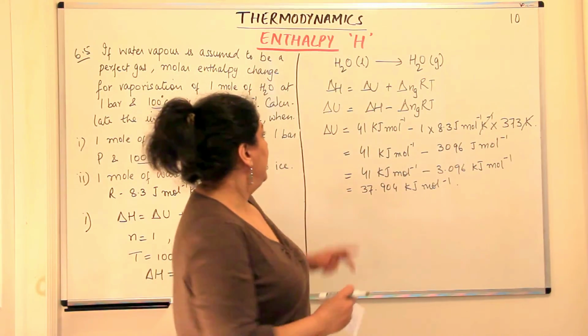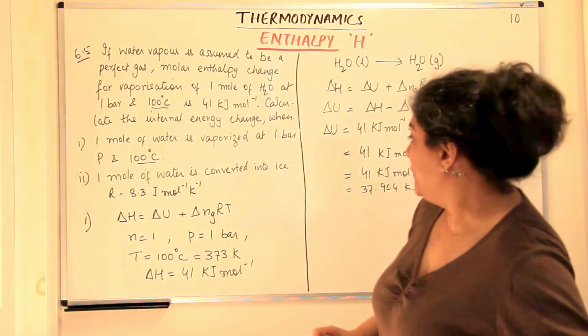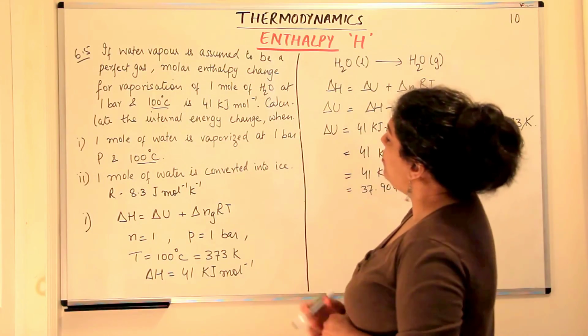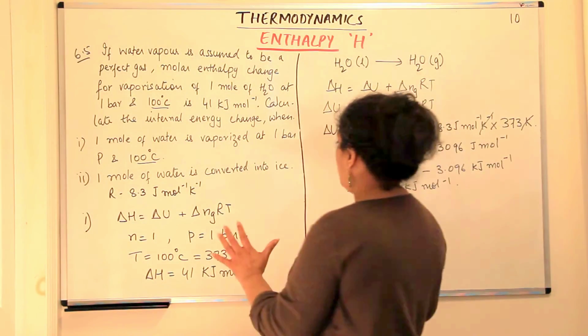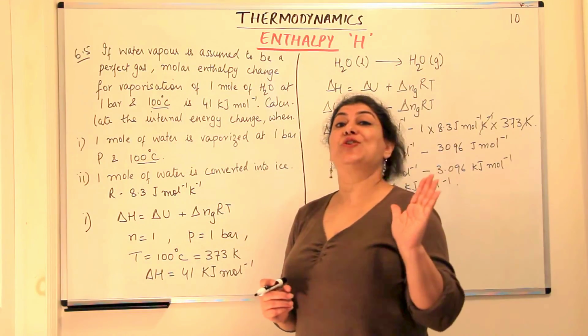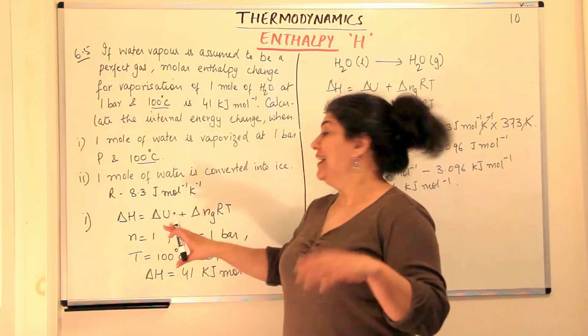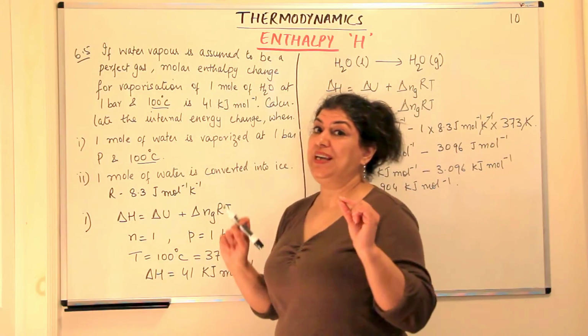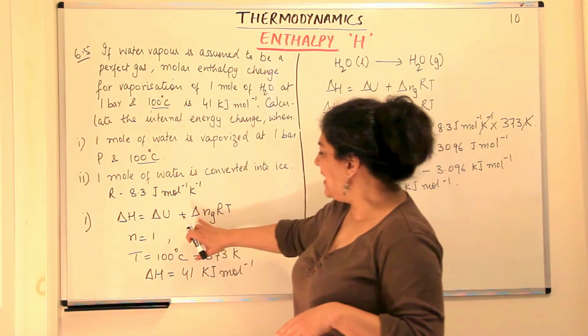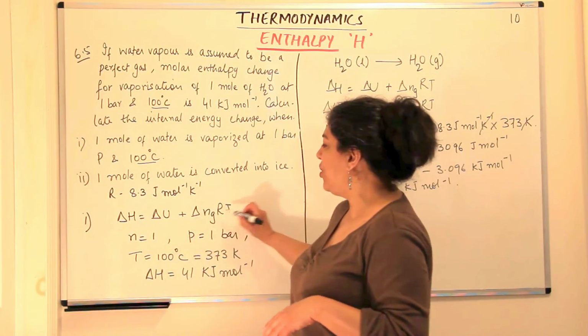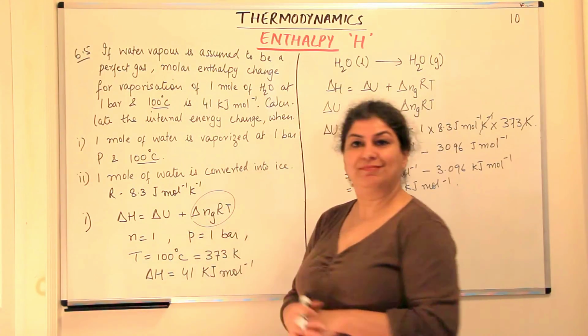You get this? Now what is the second part of the question? The second part says that 1 mole of water is converted into ice. Now the change of state is occurring from the liquid state to the solid state. So if that is happening, the delta V is constant. So the delta Ng RT, this part would not be important.